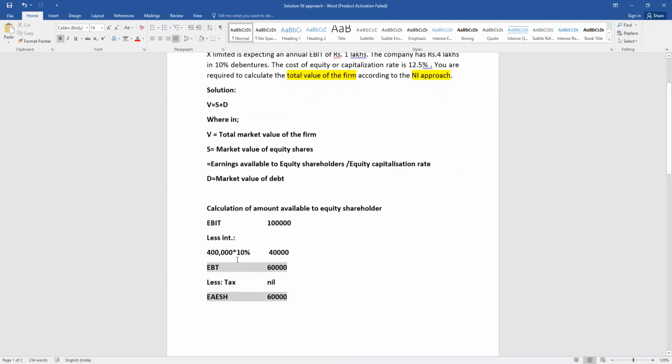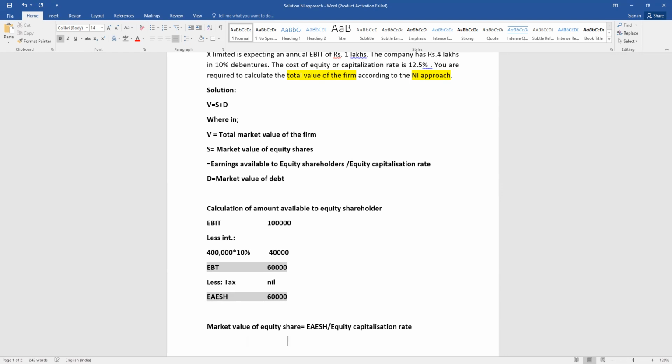We have calculated the amount available to the equity shareholders. Equity capitalization rate is already given in the problem, so you can calculate the market value of the share. Therefore, market value of equity share is equal to amount available to equity shareholders divided by equity capitalization rate.